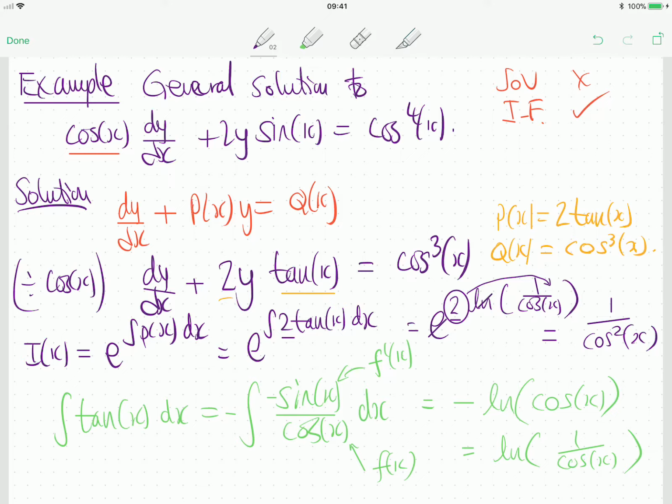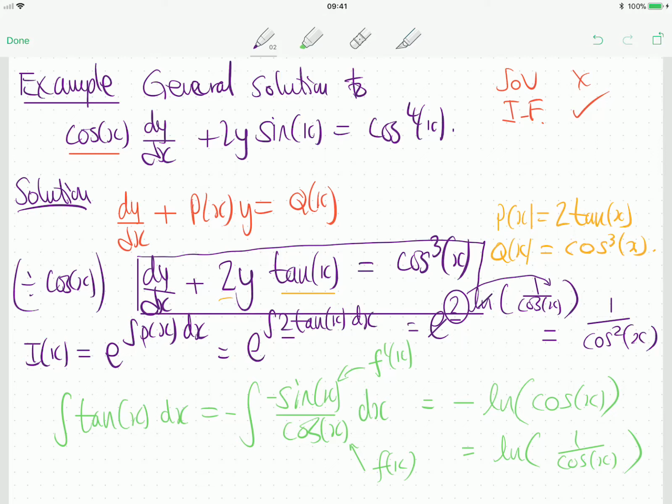This is a tough question, separating some pretty good students from some excellent students, I'm guessing. So the next thing we need to do is multiply our equation in the general form by the integrating factor. Oh, that was a bit messy. Let's do that again. So here's our equation in the general form.